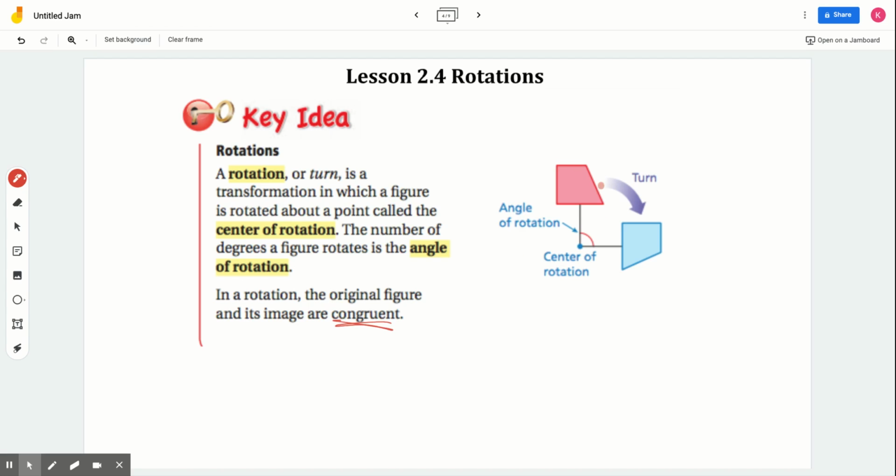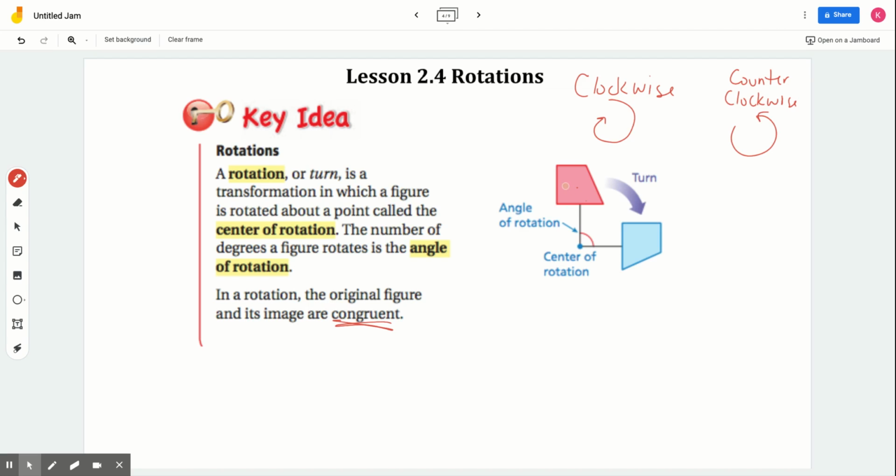So here you can see that they've taken the red image and turned it clockwise. So just like we would go around the clock, versus counterclockwise, the opposite direction.